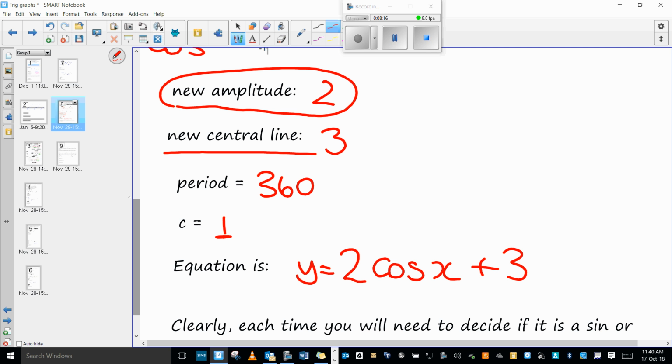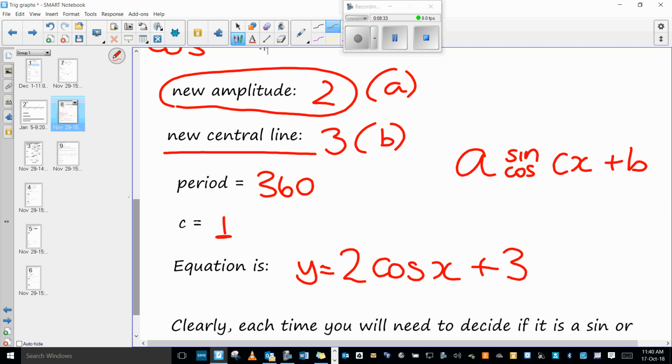So our amplitude is the A. Our new central line is, I think I put it as B. And this is our C. We're talking about A, sine or cos, and Cx plus B. Okay, how about that? So our A goes at the front. Our value of A is our amplitude.